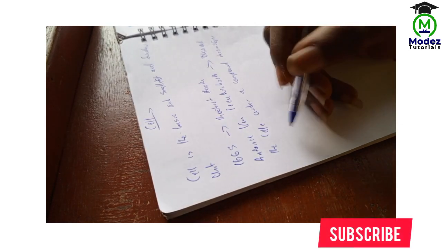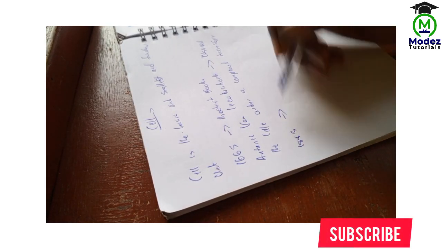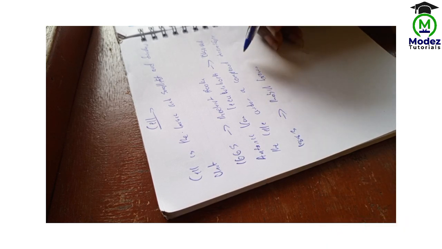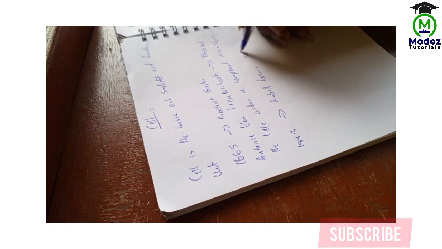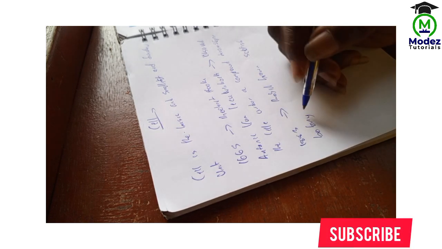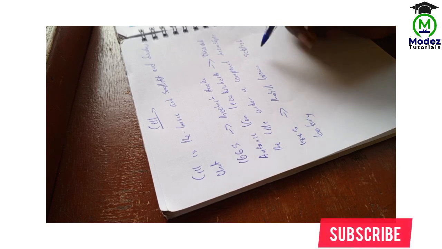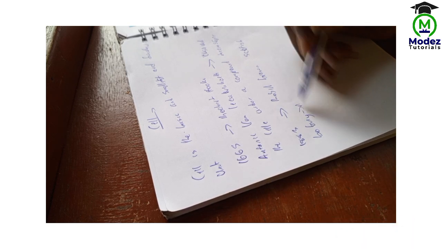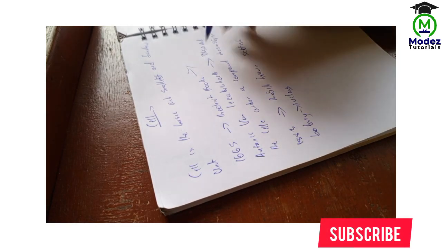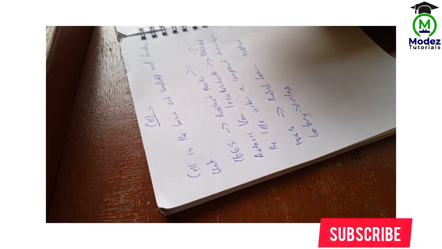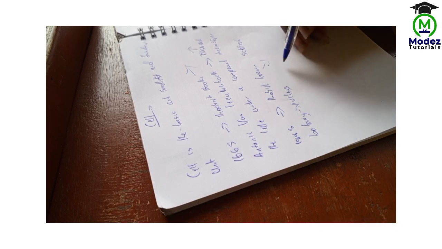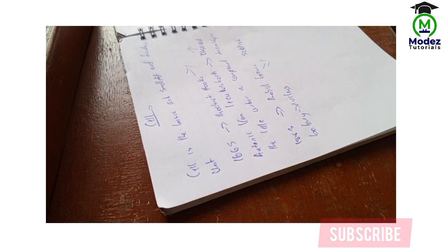In 1883, Robert Brown, a Scottish botanist, discovered the nucleus of the cell. Robert Hooke is the first person to discover the cell. Anthony von Leeuwenhoek is the first scientist to observe the cell under a microscope, and Robert Brown is the first scientist to discover the nucleus of the cell. Hope you get that point.